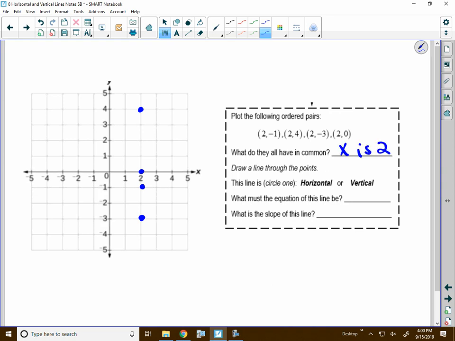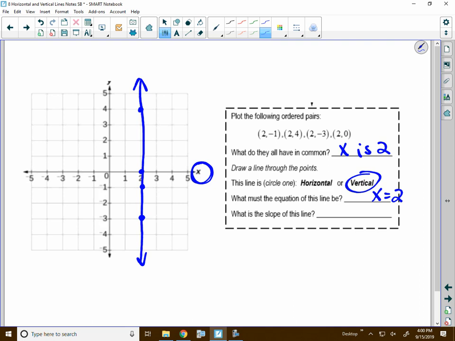The x value is 2 for each of those points. We're going to draw our line, and you can probably see where this is heading. Not the straightest line that I've drawn, but that's okay. This one is a vertical line. Which axis is it going through? It's going through the x-axis at 2. So the equation of this line will be x equals 2.